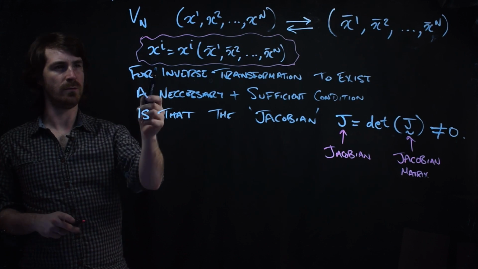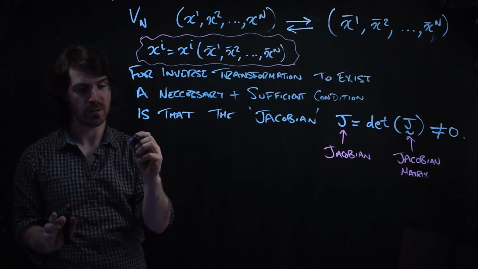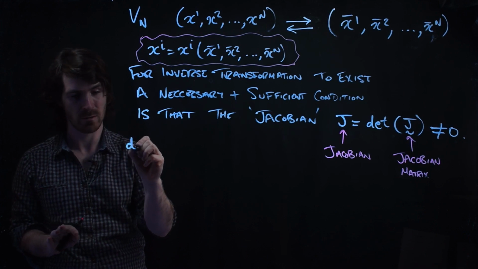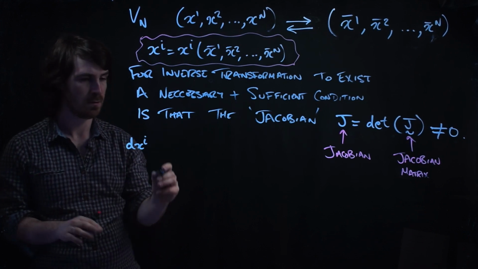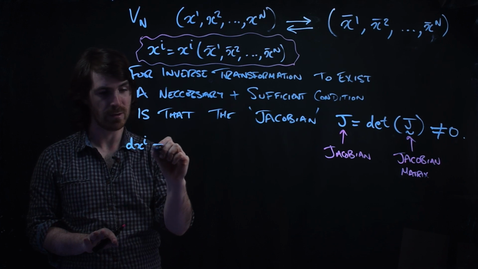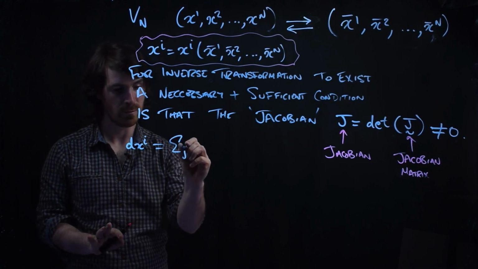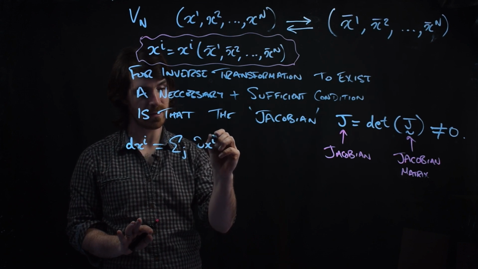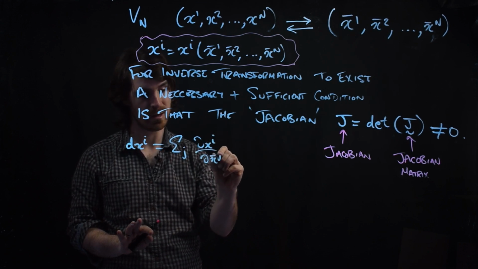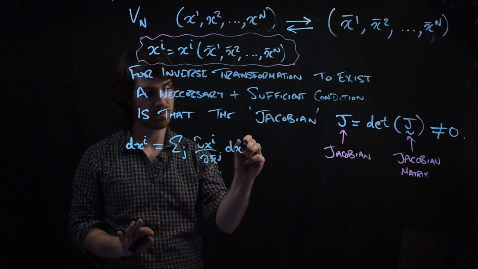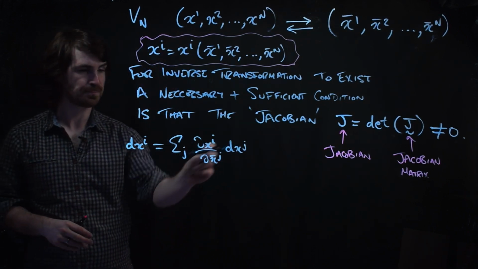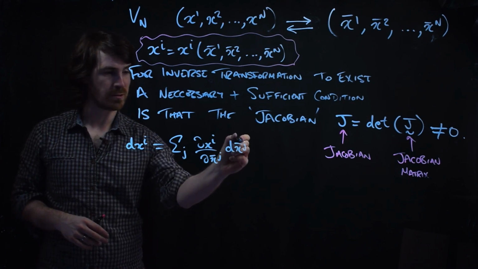If we think about one of the coordinates, the ith coordinate, and let's think about a small change, dxi. As we saw before, this is just given by the chain rule. It's the sum over all the barred coordinates of partial derivatives, so dxi by dx bar j times dx bar j. Okay, so these are the coordinate differentials for the unbarred and the barred system.